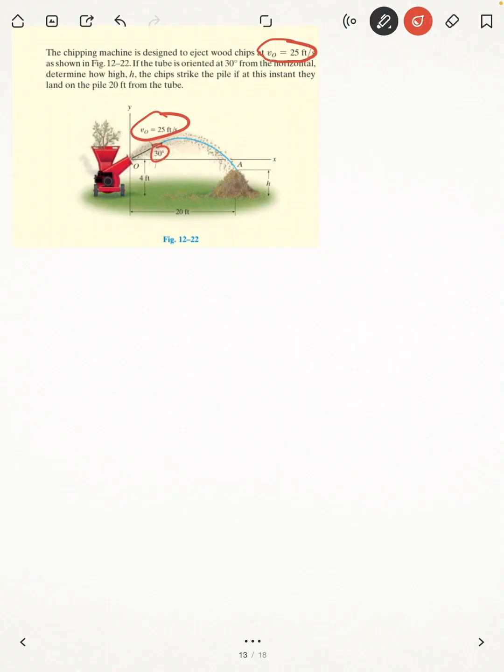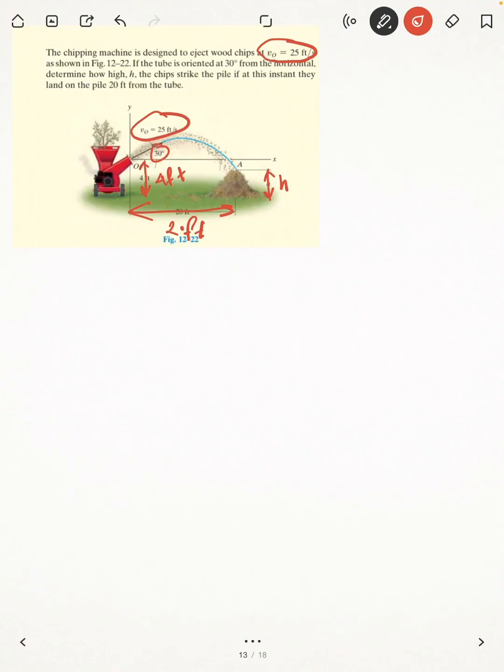Determine how high h, this length, you need to find, and the chip strikes the pile if at any instant they land on the pile 20 feet from the tube. Okay, so this length is given as 20 feet. And from the ground to the x-axis, this length is given as 4 feet.